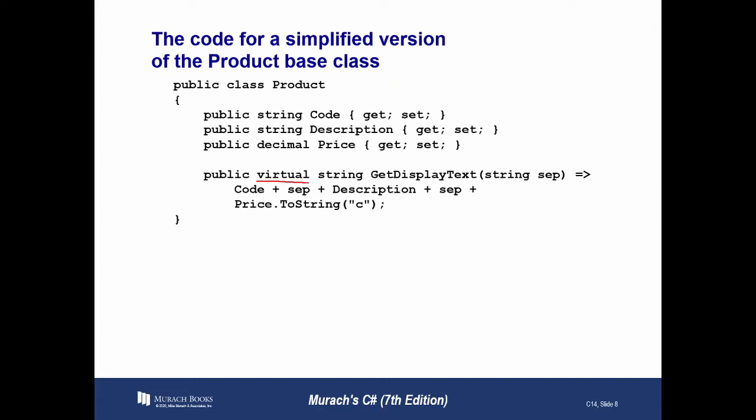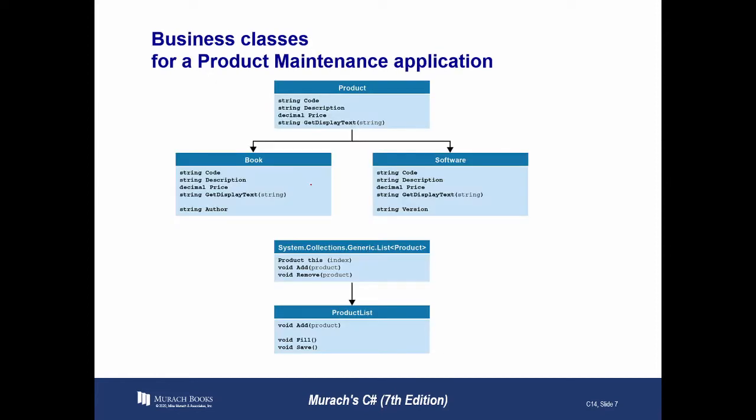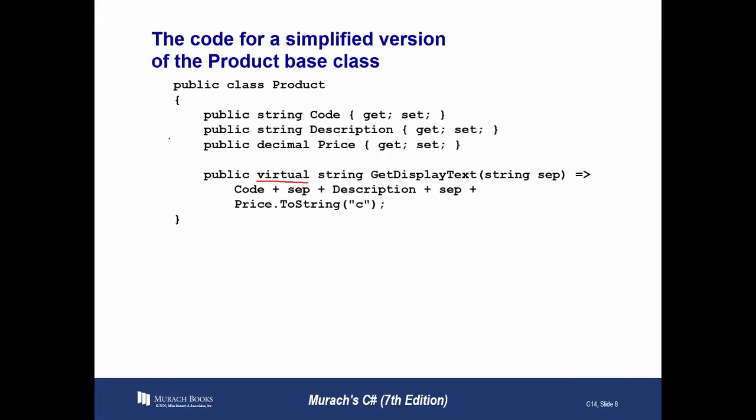And the reason I do that is because I'm going to want to override this method from my derived classes. And if we look back here, you can see that I've got the same methods right here. Okay, and I'm going to want to be able to override this one here. And so that's why I use the virtual keyword. This allows me to do that overriding.